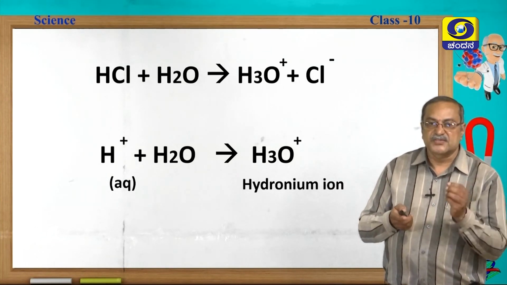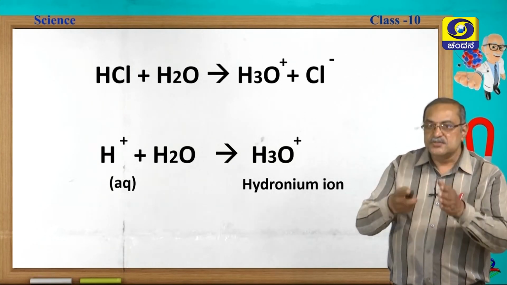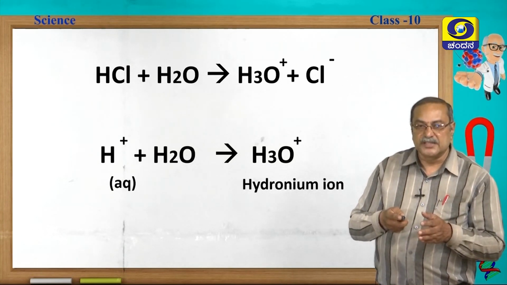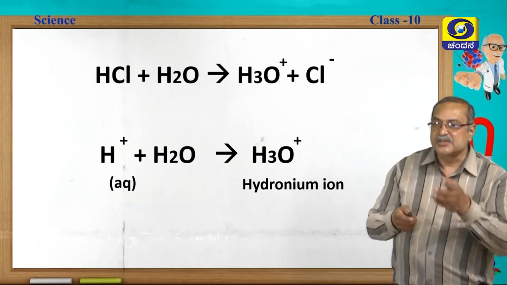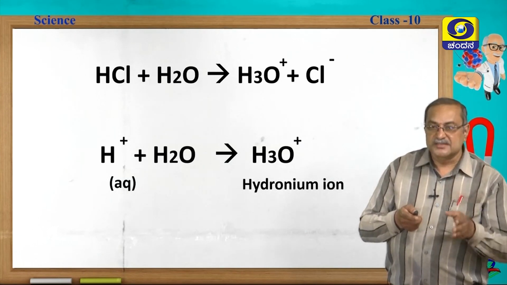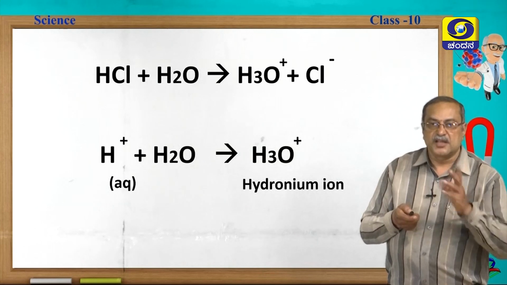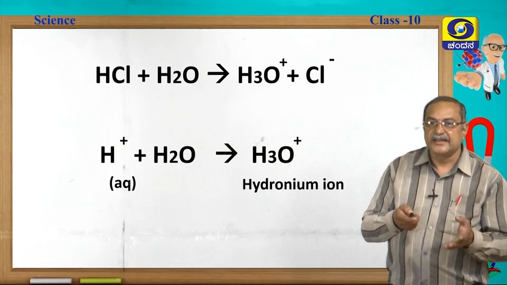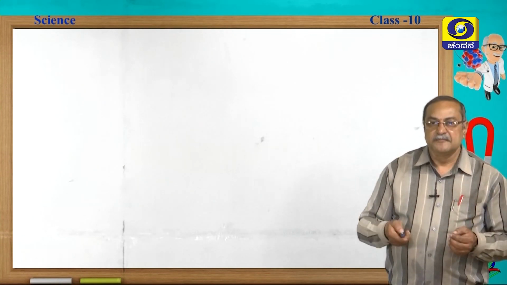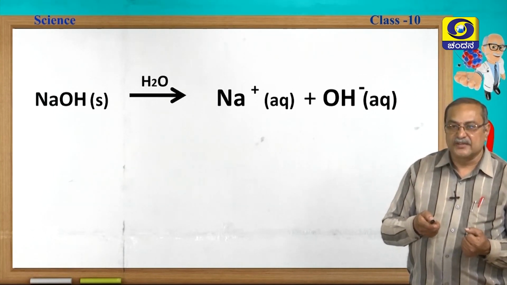So immediately this hydrogen ion joins with the water molecule, H2O, to form the hydronium ion. Always in the liquid, hydronium ions are present, because hydrogen is unstable. This is also a positively charged ion which will conduct electricity. Next, when you add the base, what will happen?